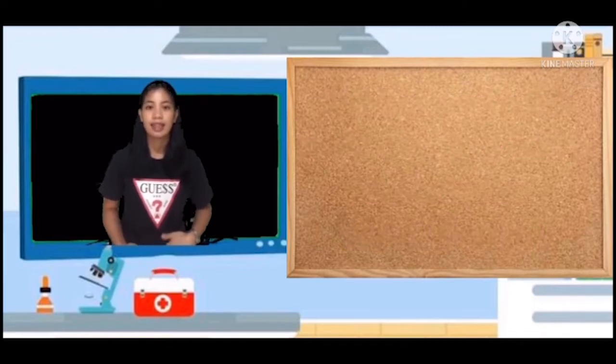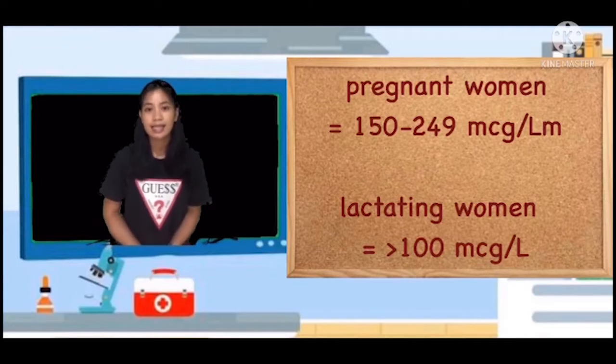In pregnant women, it is about 150 to 249 micrograms per liter, and greater than 100 micrograms per liter in lactating women indicates that iodine intake is adequate.